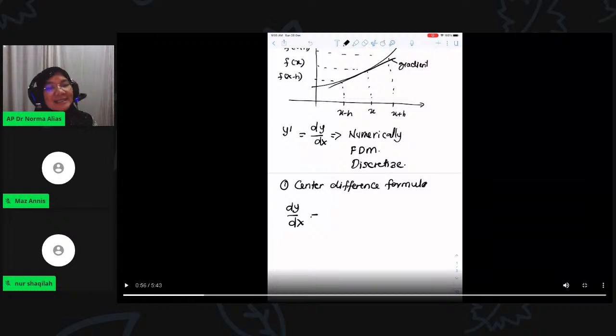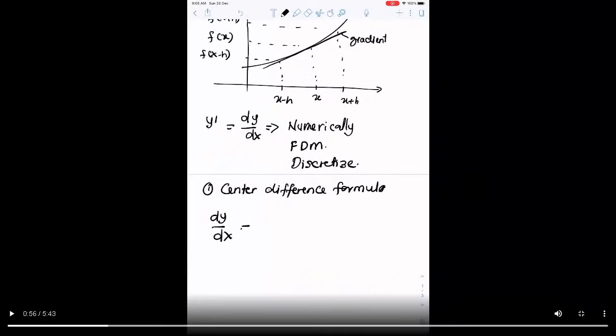The formula is not given because you just refer to the books, and the important ones are the center difference formula and the 3-point second order derivative. All right, 3-point second order. Second order is d squared y over dx squared. All right. So now I want to focus on the notes.